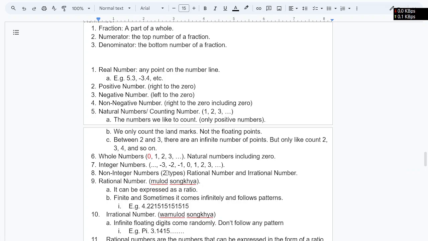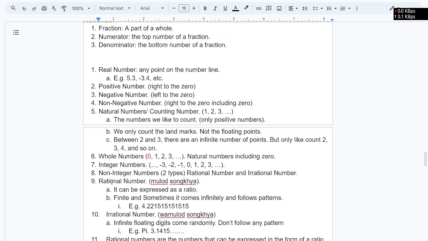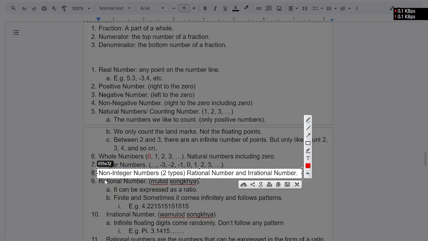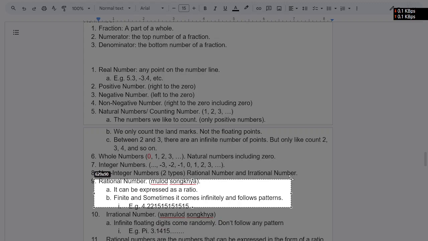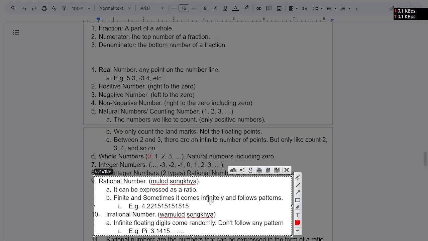We have learned about integer numbers without any point, but what about non-integer numbers? Non-integer numbers are of two types: rational and irrational. In Bengali we call rational numbers mulot chanka, and irrational numbers amulot chanka.